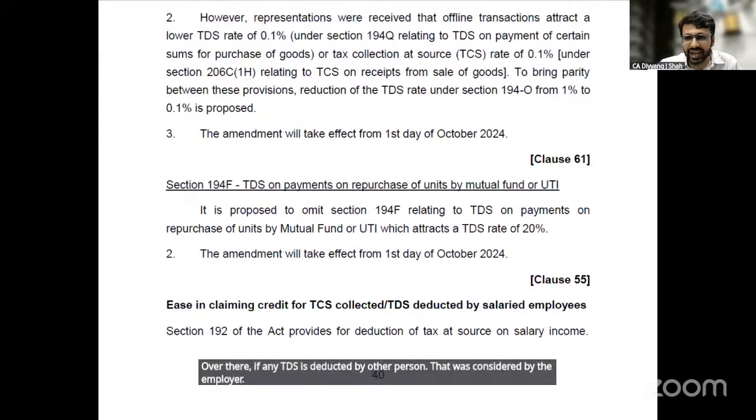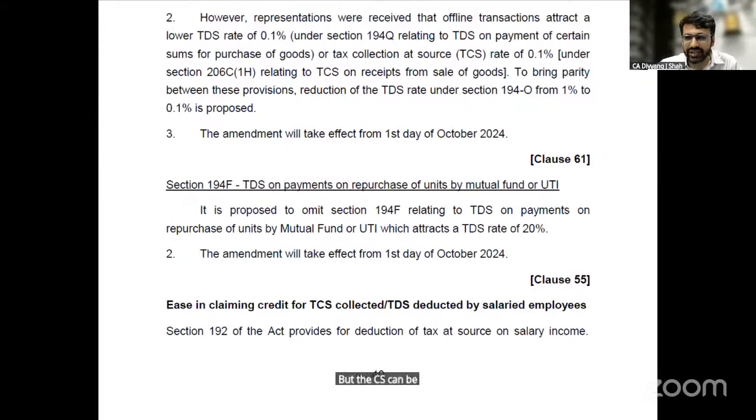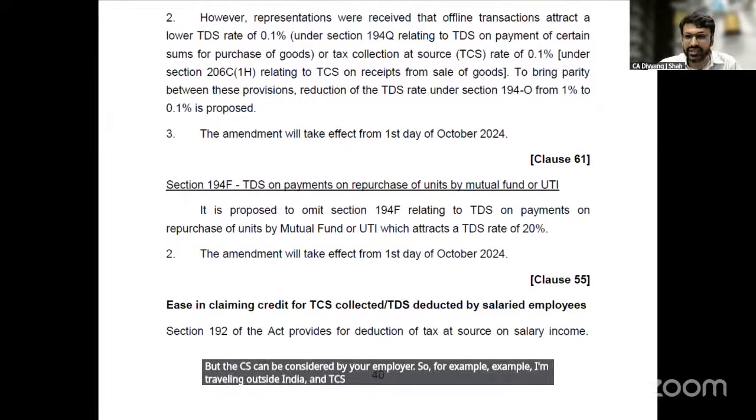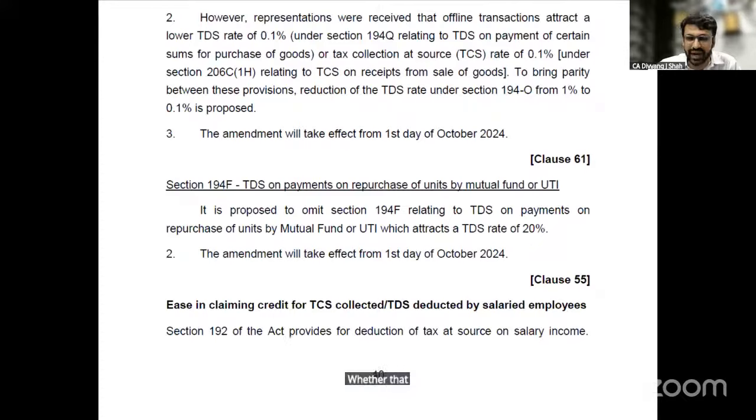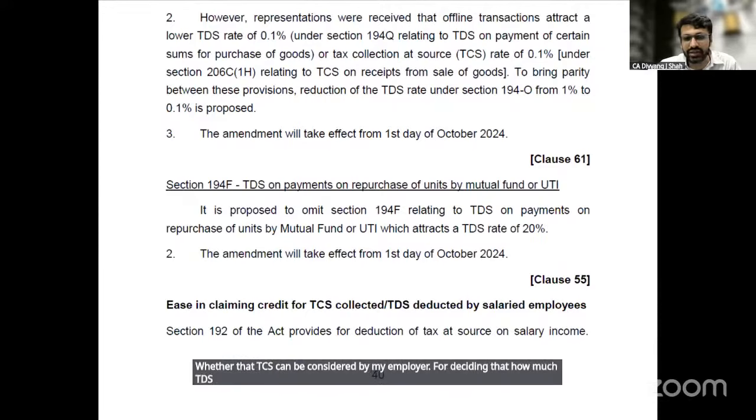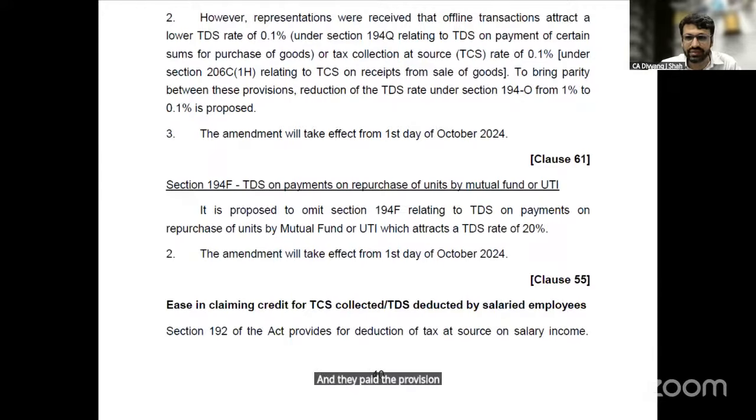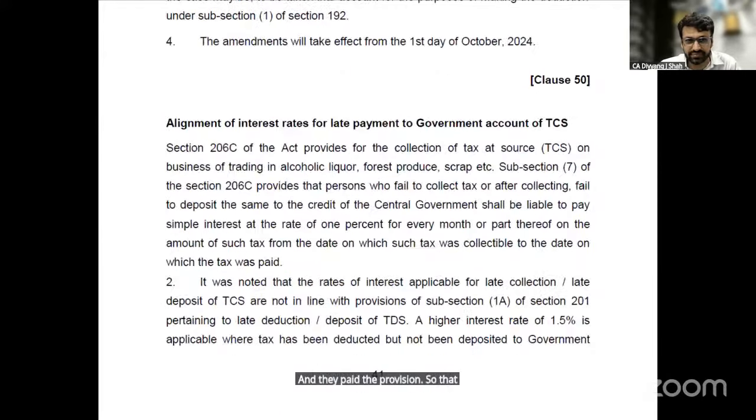But TCS can now be considered by your employer. For example, I'm traveling outside India and TCS is collected. Can that TCS be considered by my employer for deciding how much TDS he needs to deduct? Earlier there was no provision, but now they have enacted the provision. So that you can consider.